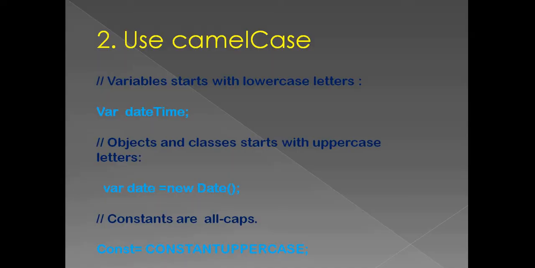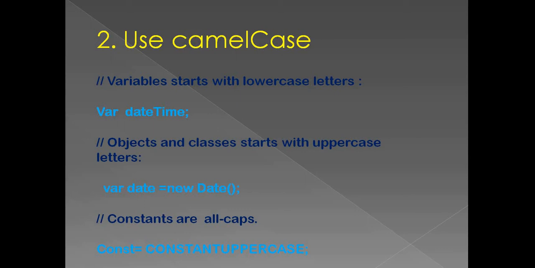Next we have rule number 2. Speaking of upper and lower case, the naming convention for JavaScript is known as camel case. That means we write the words together and separate them by capitalizing the first letter of each word. You will see in methods we use, like getElementsByTagName, and in variables also, like when I write dateAndTime and many other things.